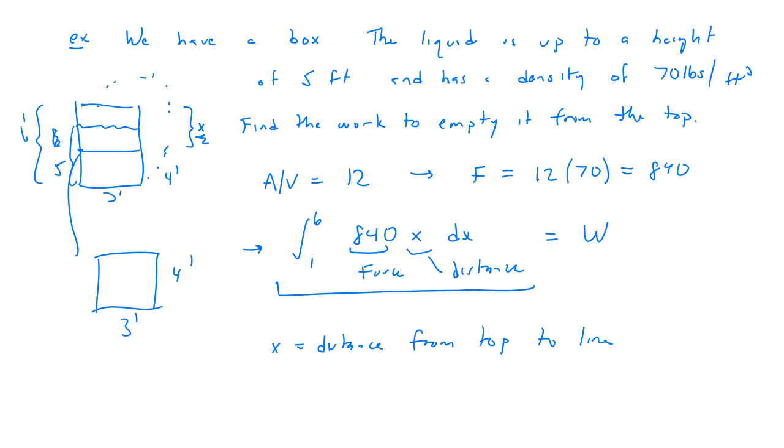So just figure out what the limits are for x: if I'm measuring from the top, when do I first hit the liquid? There's no liquid at the very top because the box is not filled. So it's a foot down. And then I keep going until it's empty, and I empty it when I get to the very bottom of the box, which is 6 feet down from the top.